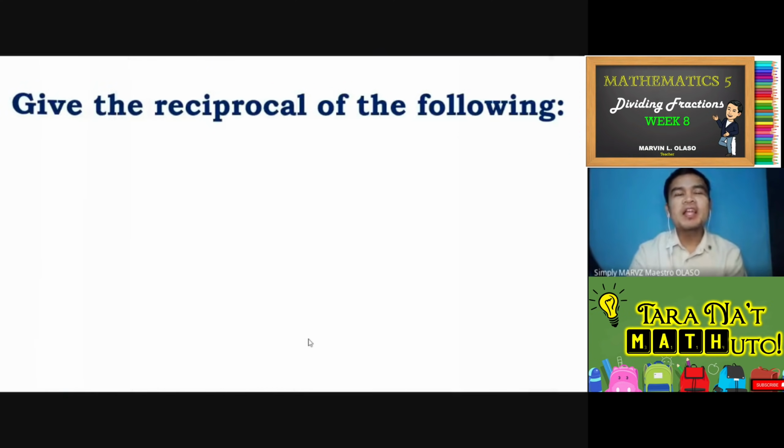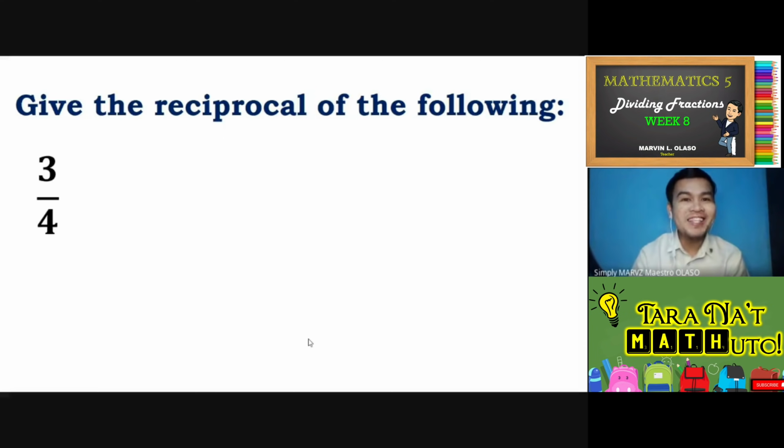Now, let us review again how to find the reciprocal of the following. Naalala nyo pa ba? Week number 7, di ba? In-explain ko na ito. So let's try. What if we have 3/4? How are we going to find the reciprocal of 3/4? By the way, what do we mean by reciprocal?